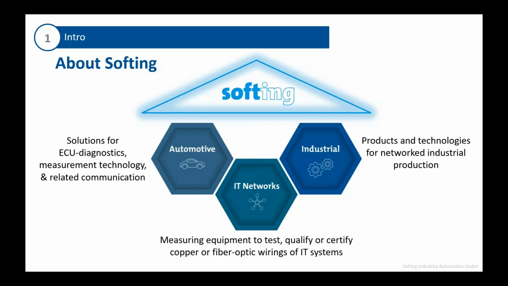In automotive, there are multiple communication networks. IT networks is concerned with cabling, especially in server architecture platforms. And we are concerned with industrial automation, industrial networks, industrial Ethernet, field bus, and whatnot. That's what we're focusing on in Softing Industrial.